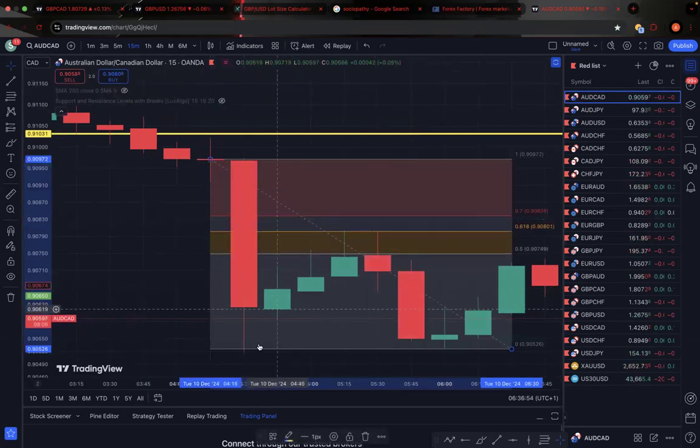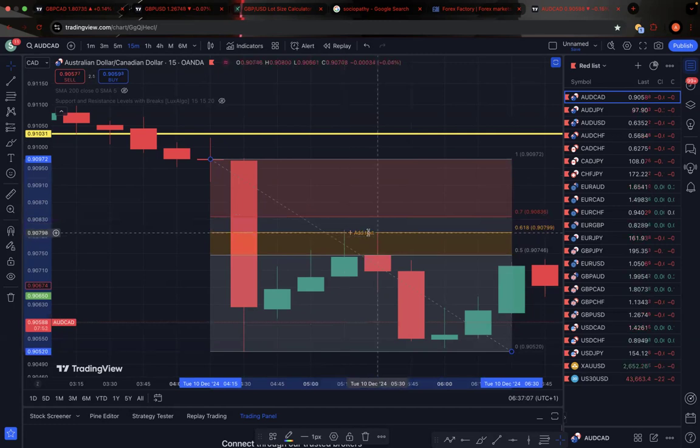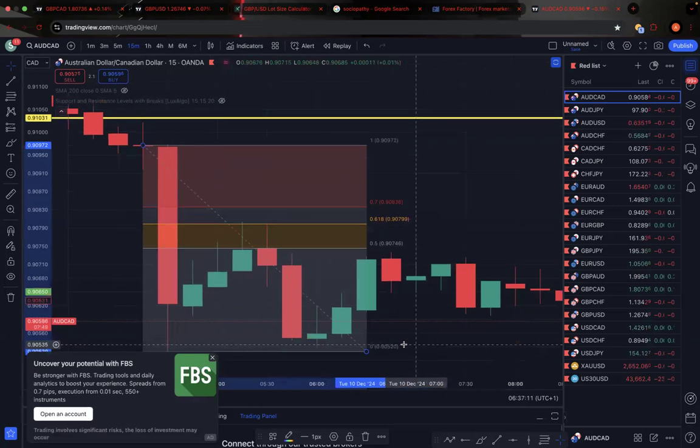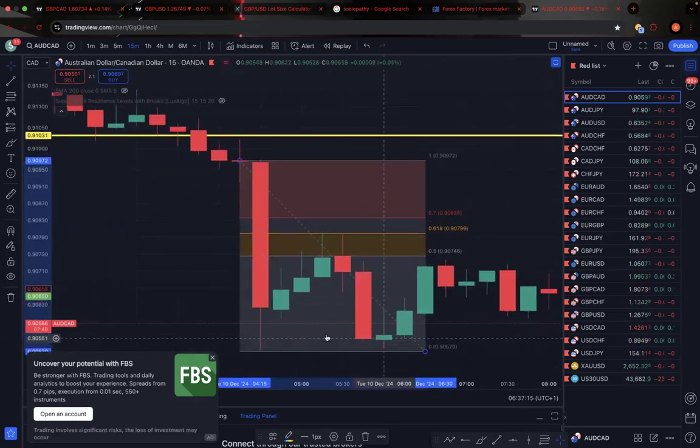The moment the market retraces to 0.61 of the drop, when the market gets to this particular point, the market stops going up and starts going down. That is the strategy. It's what you observe.